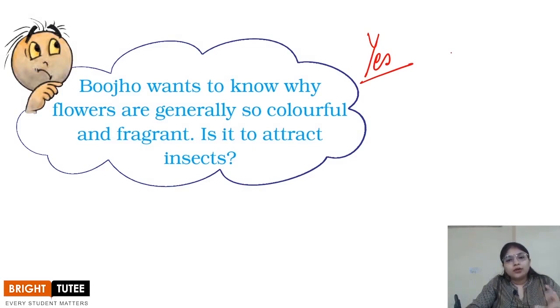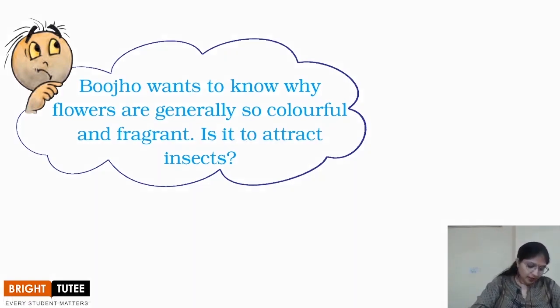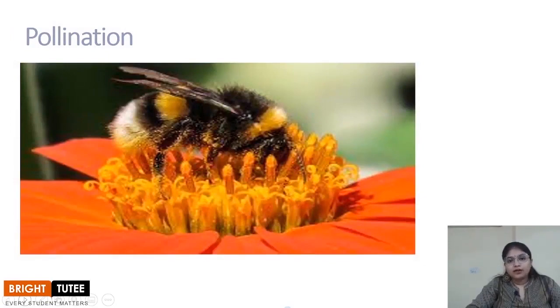If you look at a rose, when you smell it, you see that it's quite nice smelling. The flowers are brightly colored, and the nice smell is because of the sweet nectar that is present inside the flower. Because of this bright color and the sweet nectar, insects like honeybees come to the flowers, right?